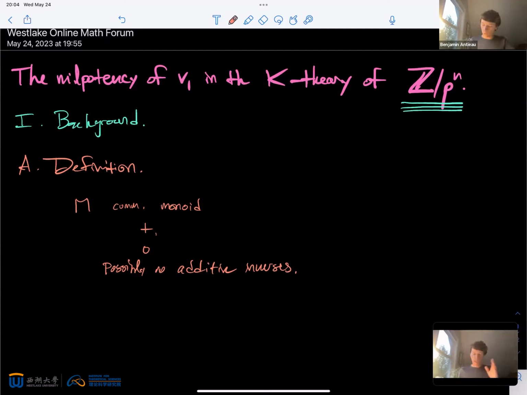One thing I can do, if I want to force additive inverses, is group complete. I'll call this M group, the group completion. It's a universal object where you force M to have inverses, so you add inverses in a formal way.